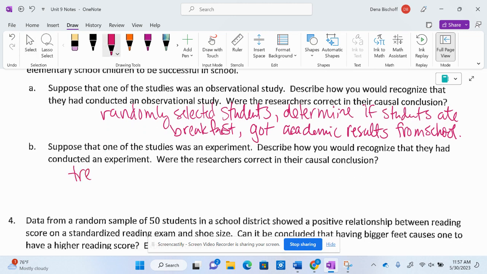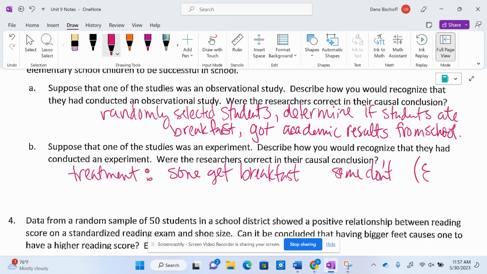Well, our treatment would be some get breakfast and some don't. And that's, again, one of those things that's probably not real ethical. Can we say that those little kids can't eat? Probably not. That's probably not real ethical. So that's all I wrote.